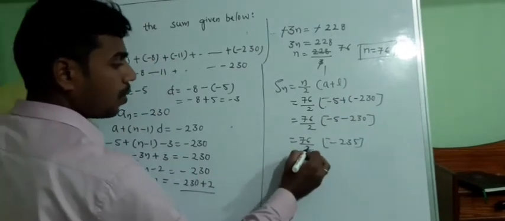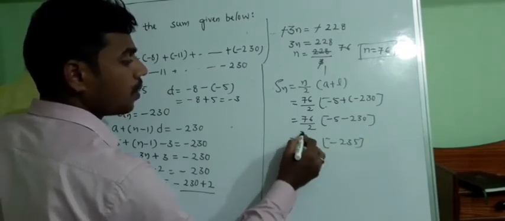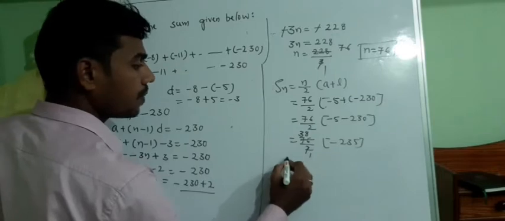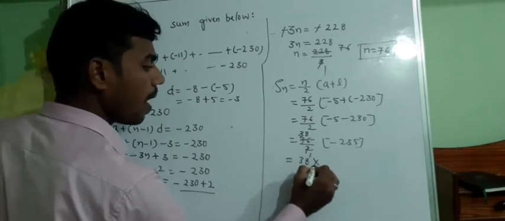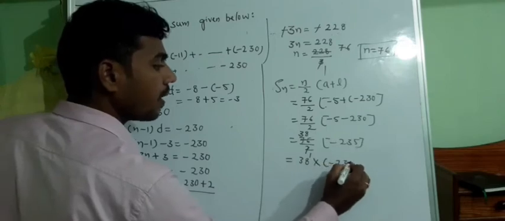So 2 1s are 2, 2 3s are 6, 2 8s are 16. So 38 into minus 235.